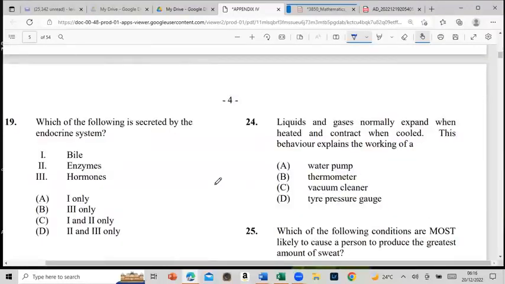Alright, so 19, which of the following is secreted by the endocrine system? 1, bile. 2, enzymes. 3, hormones.